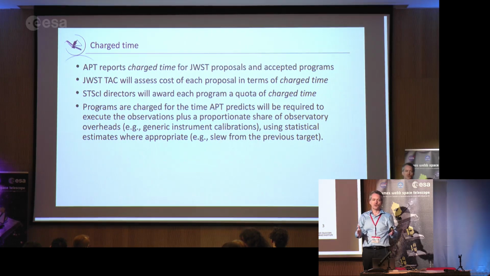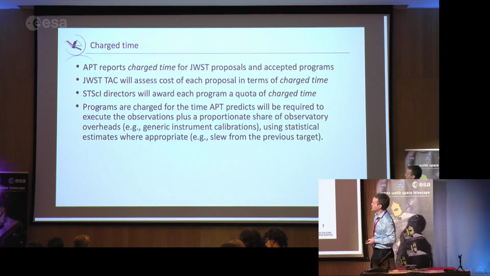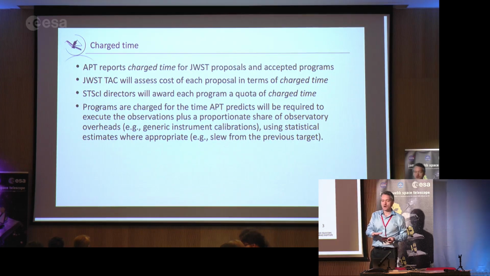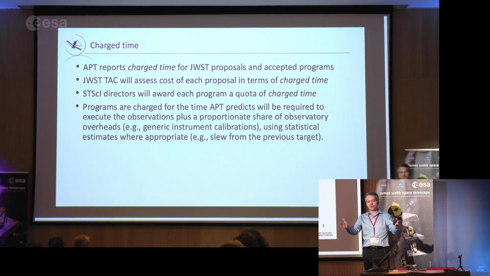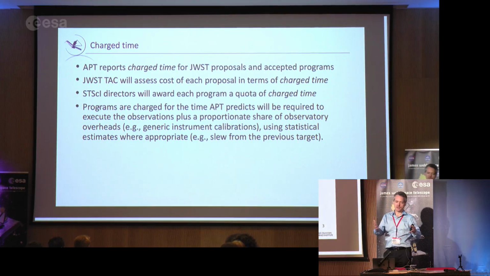I know that's a little weird, but we don't want to have to go back and do accounting after the observation. So there's a reference version of APT, which says this is how much charge time it's going to cost you to do your observations. You have to fit that within your quota, and you're good to go. From your perspective right now, focus on this is what the total cost of my program is, and this is what science I'm going to do, and that's what the TAC is going to judge.